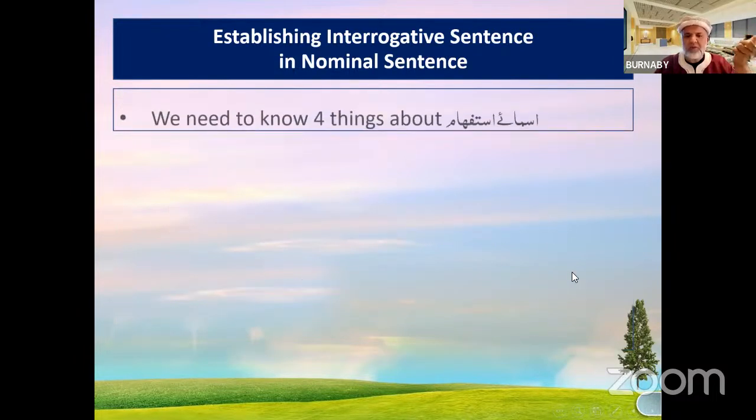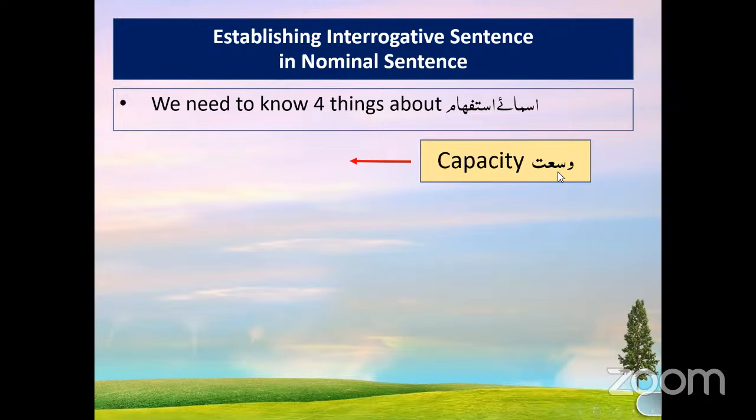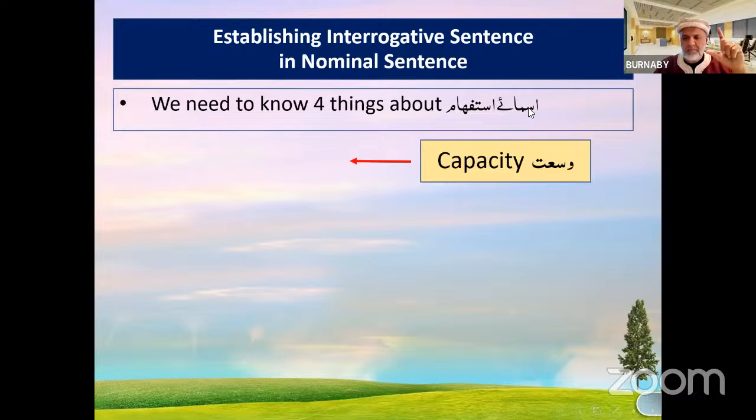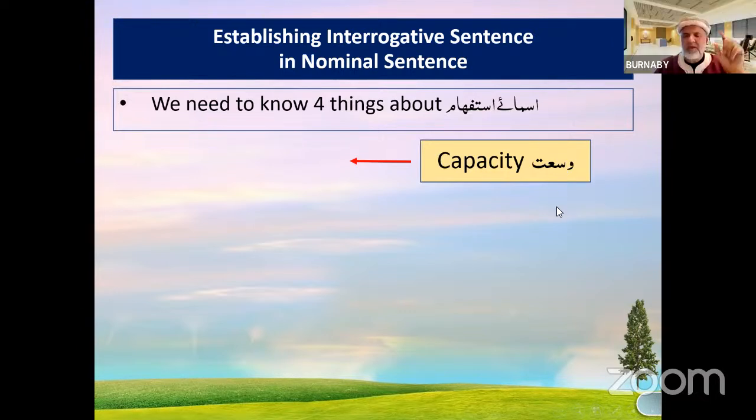Okay. So before we know their names, we need to know 4 things about them. So do you guys remember wusat, the capacity or the type? Okay, if these are asma, that means it's an ism. And ism has how many properties? 4 properties. Is wusat one of them? Yes. And wusat means is it marifa or nakira?